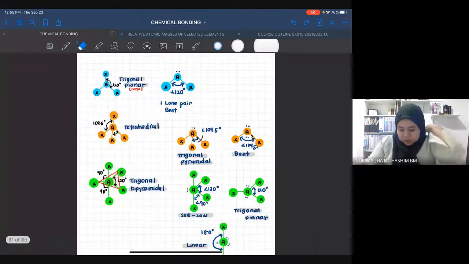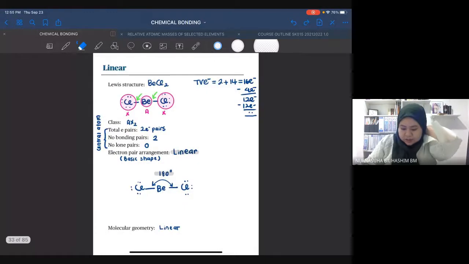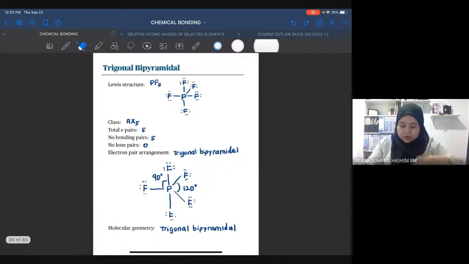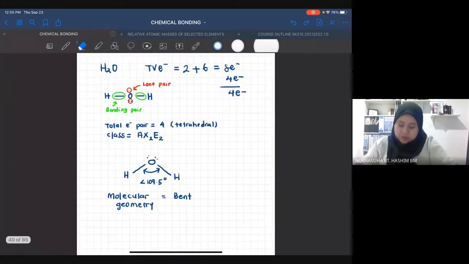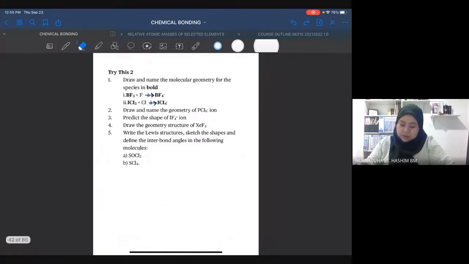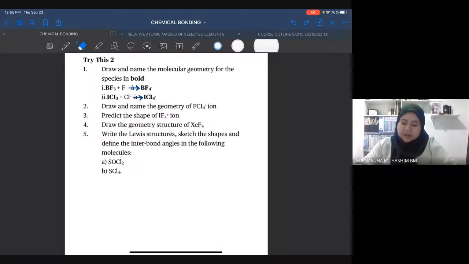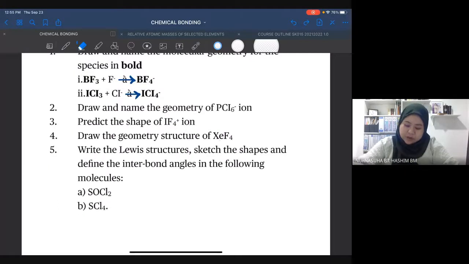Okay, so I show you one last example. Oh, tak ada. Okay, semua contoh ni tak ada lone pair, I think. Okay, tak apa. Okay, this one. Last one, yang terakhir.